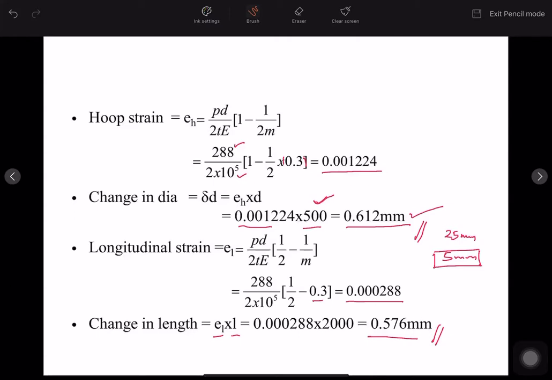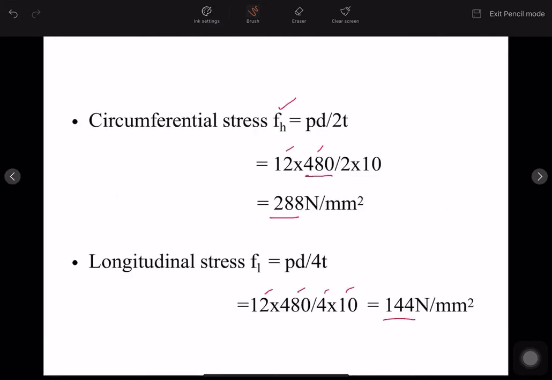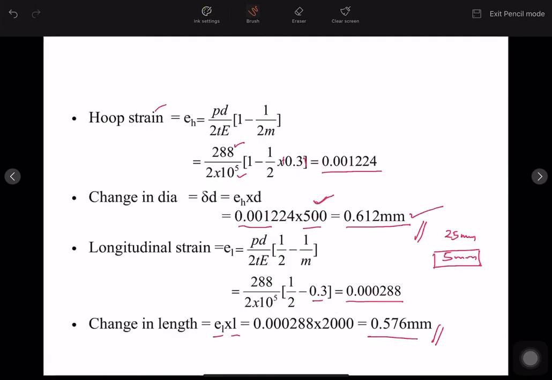Okay, I hope after solving these two numericals you are familiar with this topic, as it includes almost everything we have discussed: calculation of stresses, calculation of strains, and after that the calculation of change in dimensions as well.